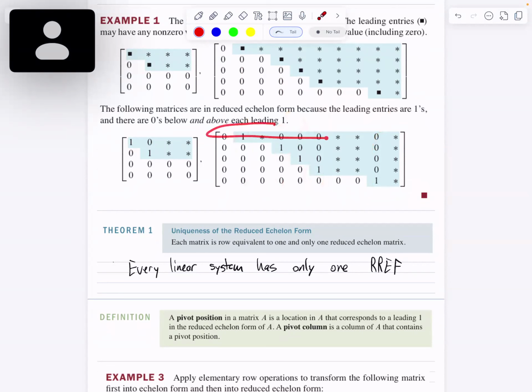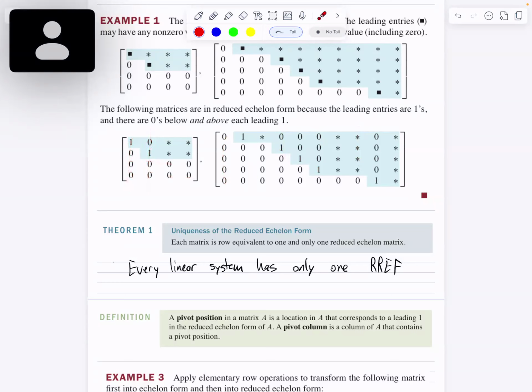The number of pivot columns also equals the number of pivot rows, a pivot row being a row that has a pivot in it. This one has a pivot in every row, but not in every column, whereas this one has a pivot in only 2 columns and not in every row.